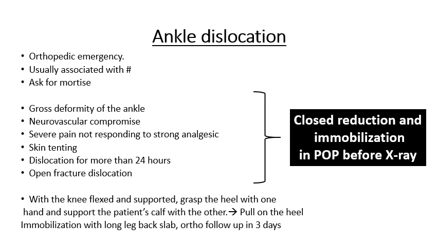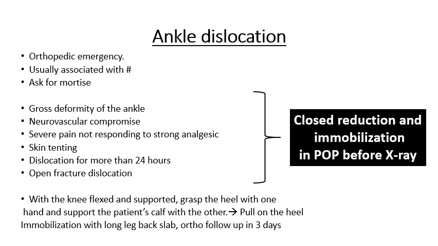Now, they might ask you a question on what are the indications of immediate reduction in the emergency department other than neurovascular compromise. Those are gross deformity of the ankle, severe pain not responding to strong analgesia, skin tenting, dislocation for more than 24 hours, and open fracture dislocation.